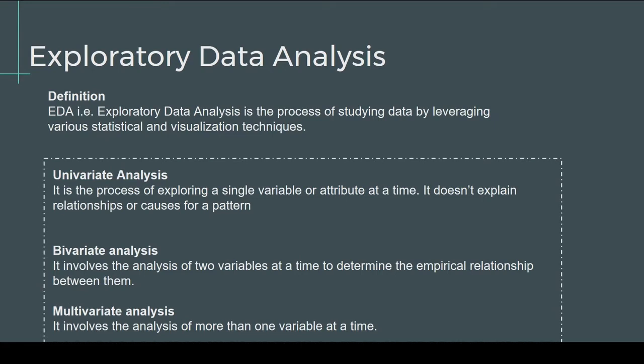You would have answers like the maximum score obtained by a student was 95, the lowest was 45, on an average the student scored around 65, etc. So this is the process of understanding just one variable, that is the score of a student at one point of time. That's univariate analysis.